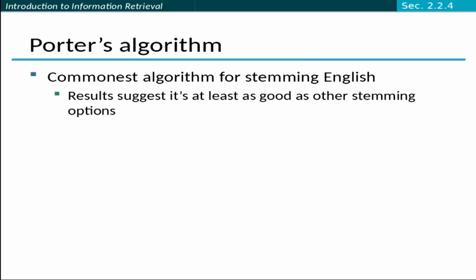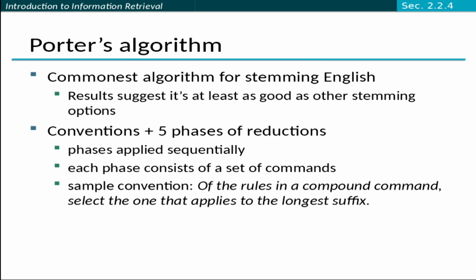And what is interesting is that, despite the fact that it's relatively simple, it performs pretty well. It is at least as good as other stemming algorithms. It is made of a number of passes, a number of rules that are applied one after the other. You apply those phases sequentially. In each phase, you have a set of commands. We will see an example later on.